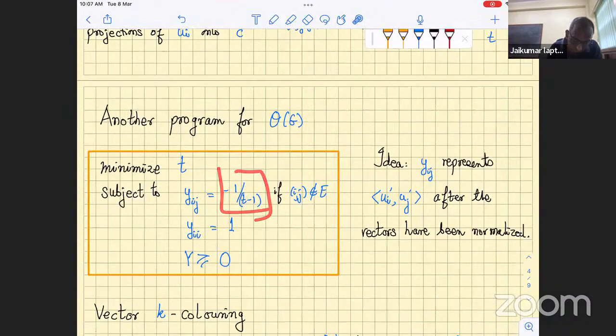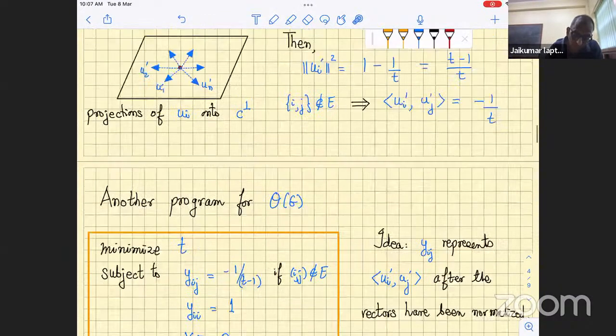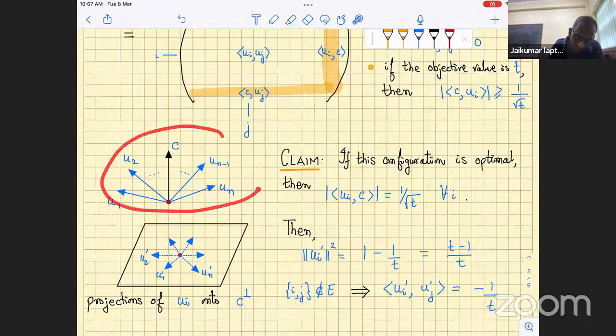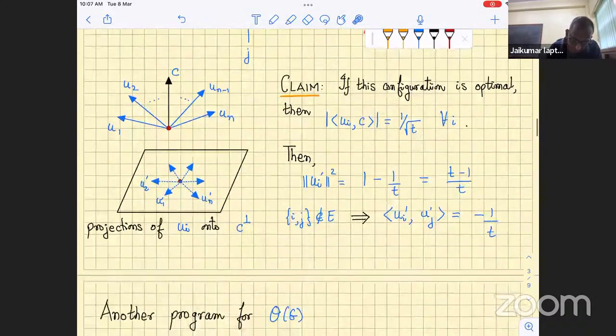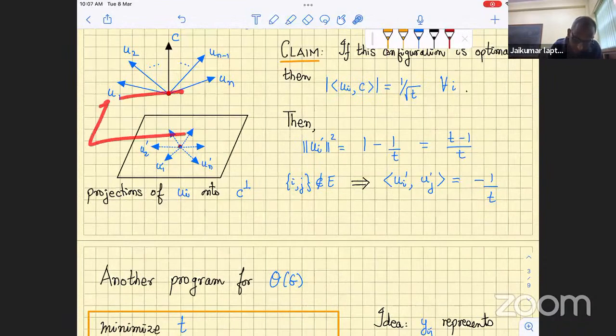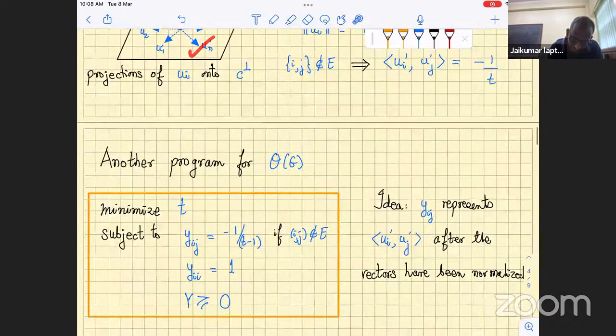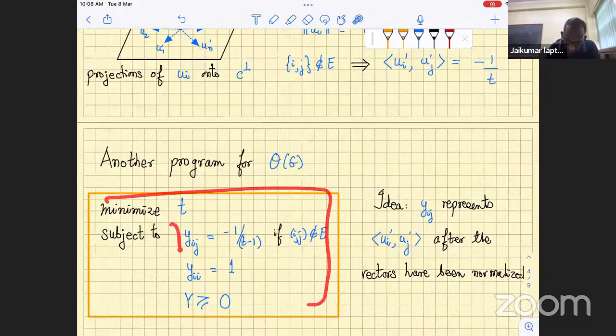And if you had a solution, an orthogonal representation, which gave you a value t for the original theta function, then using these observations, you will project them on this plane, normalize them, and they will become suitable or feasible for this program, and you will recover the same value t.